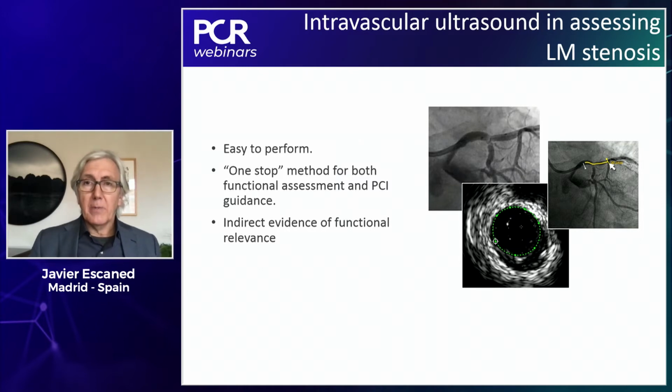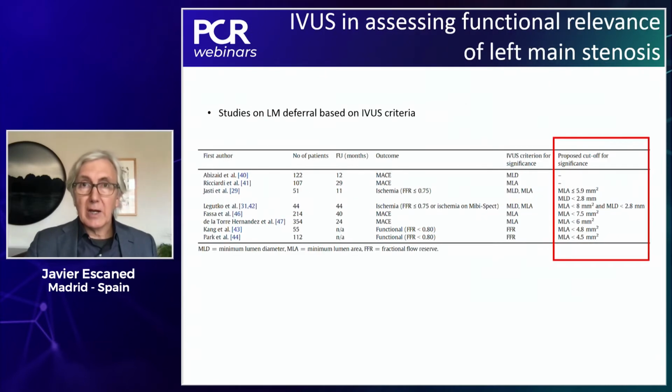Now, IVUS, of course, is easy to perform. It's a one-stop shop method for both functional assessment of the left main stenosis and also for guidance. And it is probably the only location in the coronary artery tree where you can rely to make decisions on functional severity. There are a number of reasons for that.